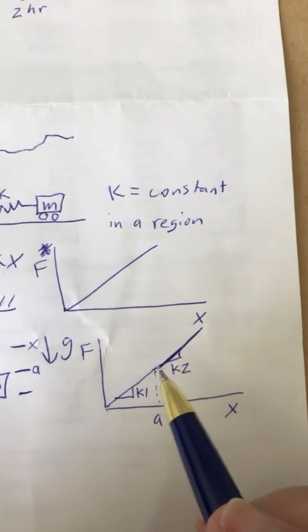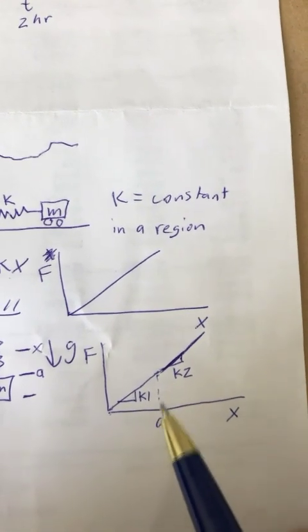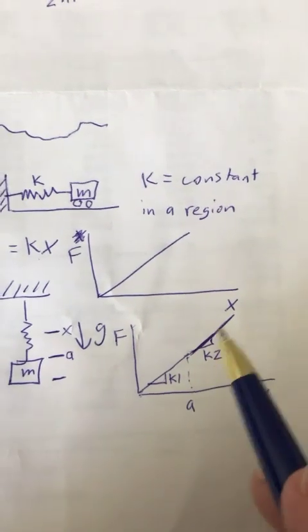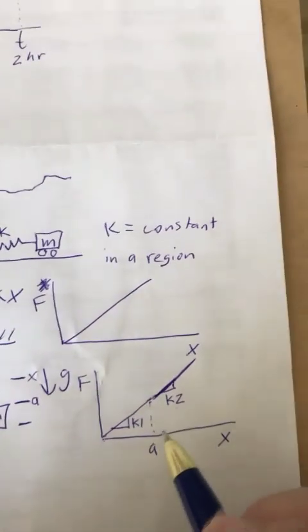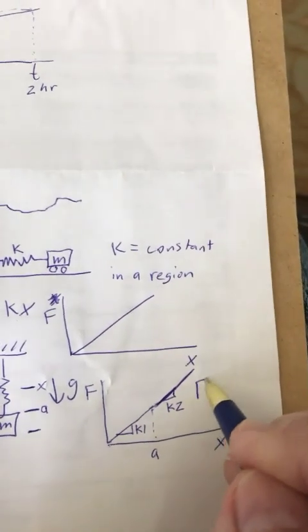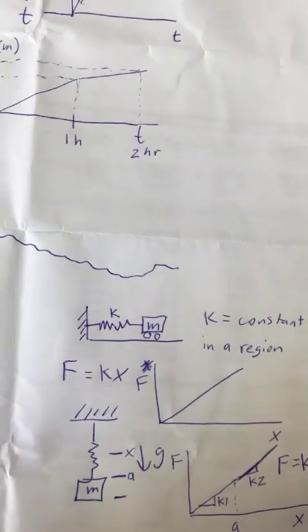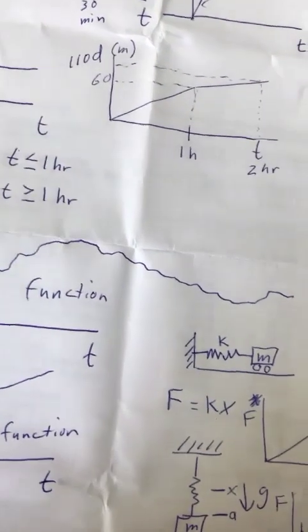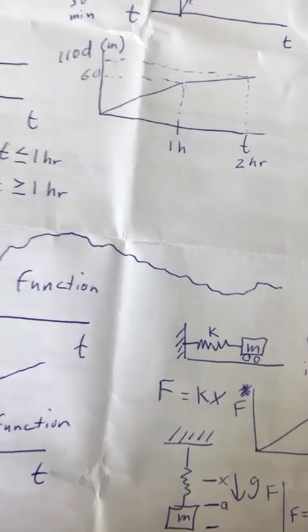As long as we're talking about small motions about that position A, this might be a totally valid equation still, but it would be F equals K2 times X, whereas this F over here was K1 times X.